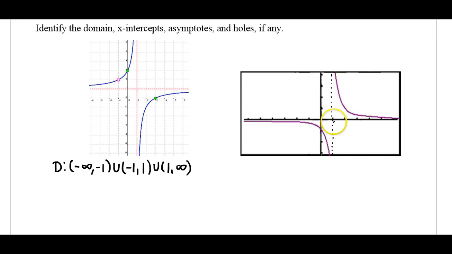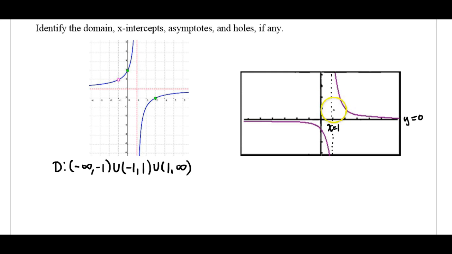So x equals +1, that's going to be a vertical asymptote, and then towards x equals -infinity and x equals +infinity, my graph's getting closer and closer and closer to the x-axis, and the x-axis is the line y equals 0. And then same thing over here, as I get close to -infinity, my function, the purple part, is getting closer and closer to y equals 0. So those are my asymptotes.